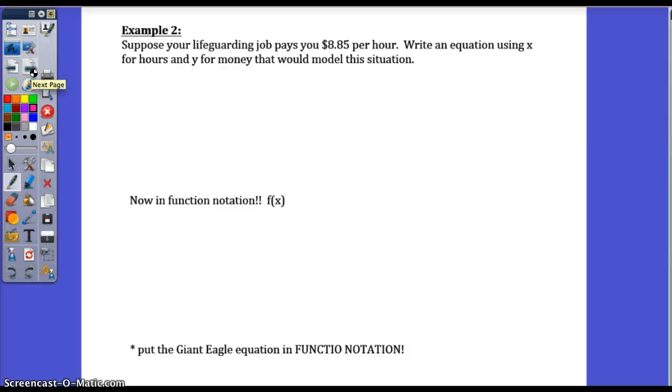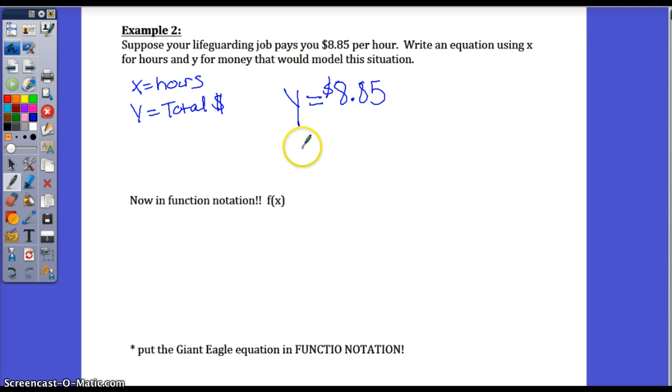So let's take a look at example 2. Suppose your lifeguarding job pays you $8.85 per hour. I want you to write an equation using x for hours and y for money that would model this situation. So first, hit pause and try this on your own. Hopefully you wrote x equals the hours and y equals the total money. So y, your total money, is $8.85 per hour, so you multiply times h or x.